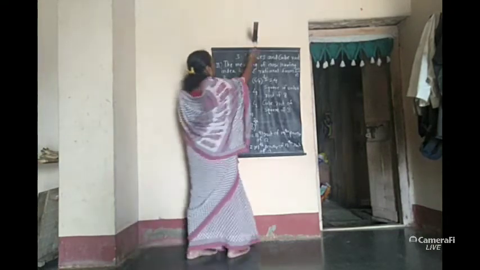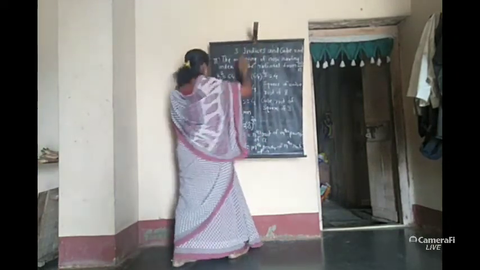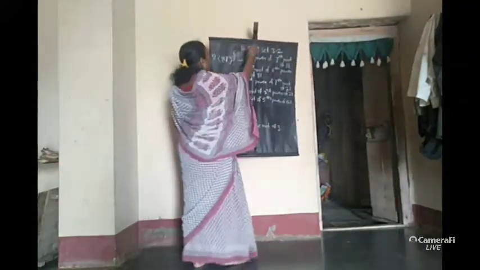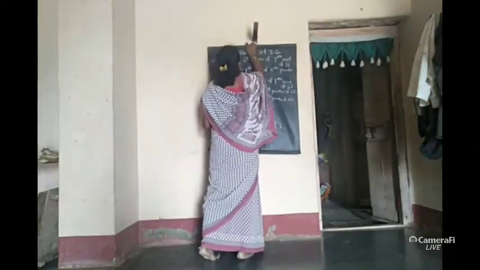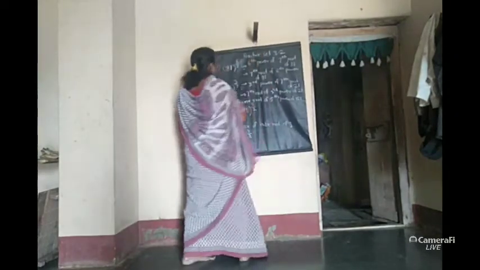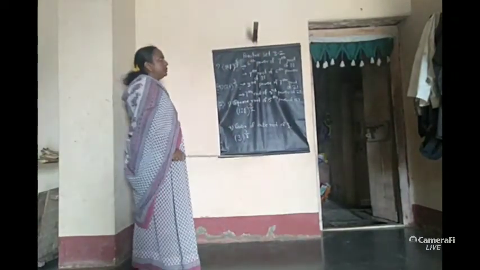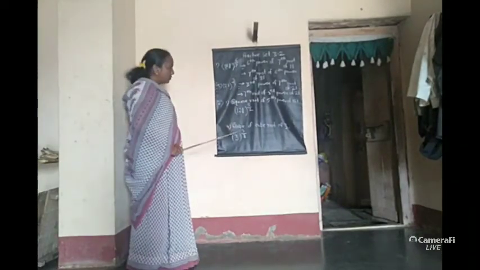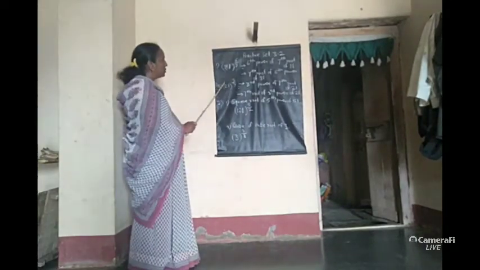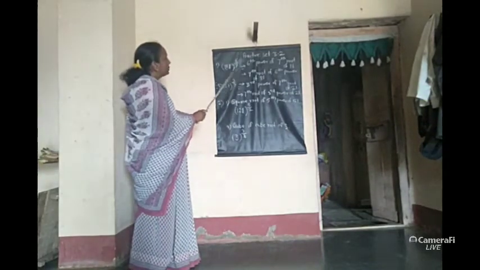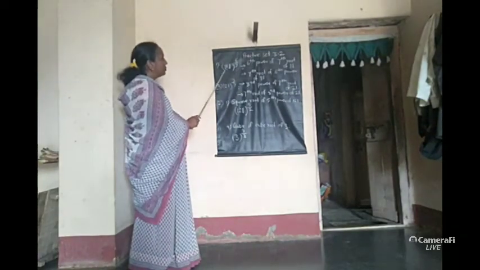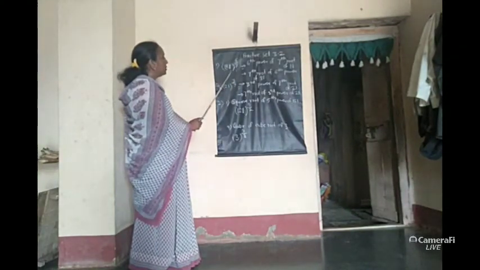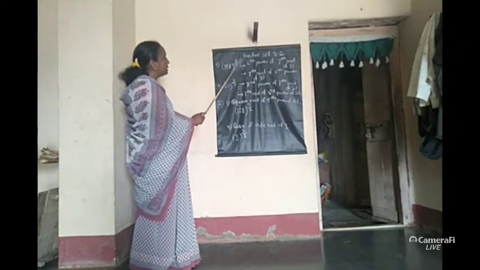Here I have solved some examples from practice set 3.2. See these examples and then you have to solve practice set 3.2 in your notebook. There are two questions in practice set 3.2. First is a table for you and second is examples to solve. See the first question. In the table we have to write the values of these numbers in two different ways. See here, 81 is the number in the bracket, and the index number is 6 upon 7.